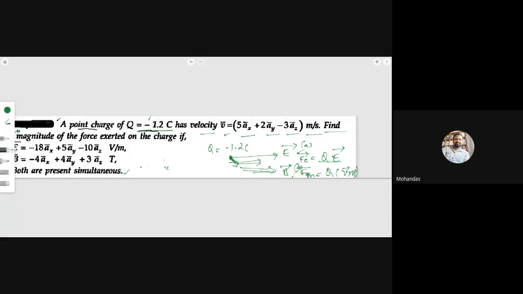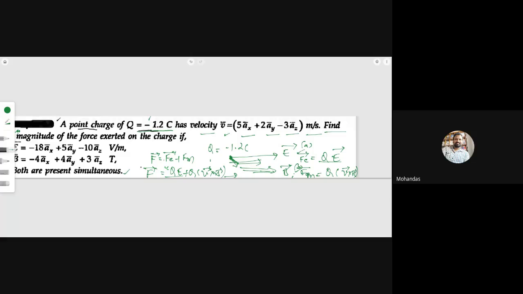Net force equal to Fe plus Fm, which is equal to QE plus Q into V cross B. Now, what is the name of this equation? Lorentz force equation. Very good.